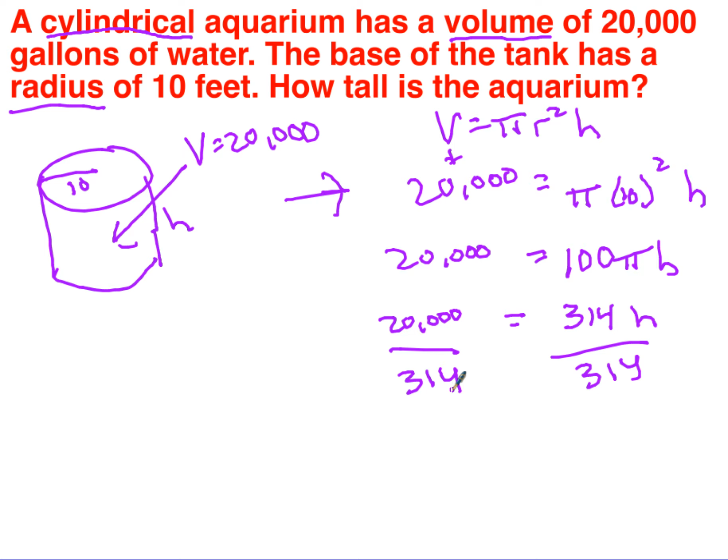Again, double check to make sure you plug in the right amount of zeros in your calculator. When I divide it by 314, I will get 63.694 equals h, and I'm going to use this 4 to keep it at just 63.69. And there's the height of this aquarium.